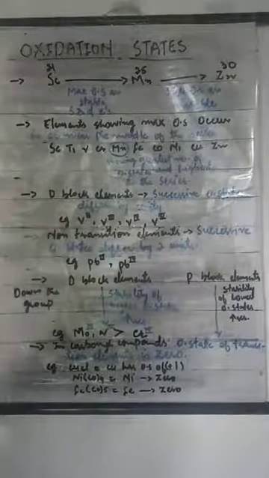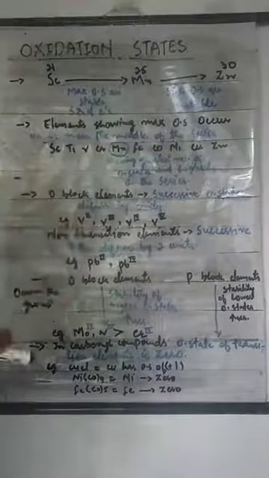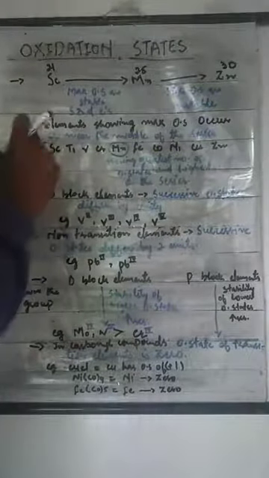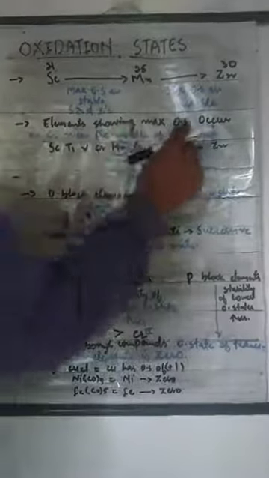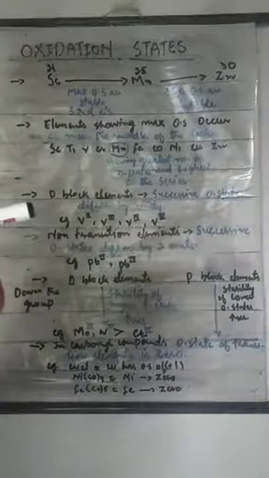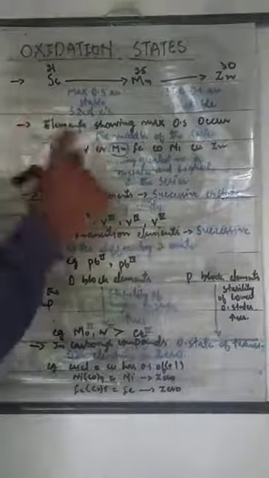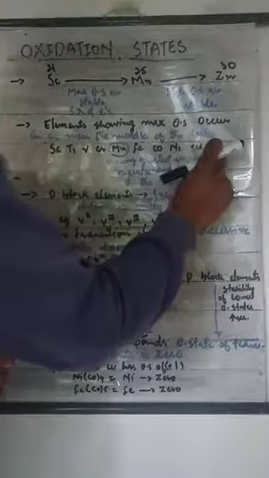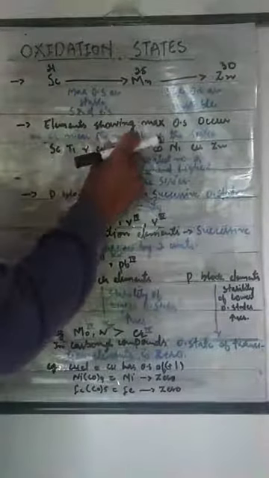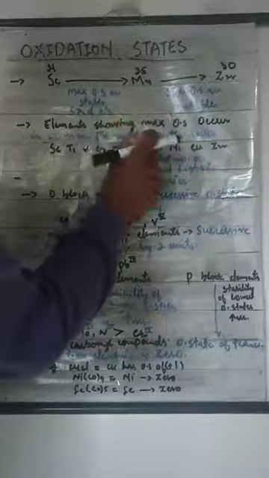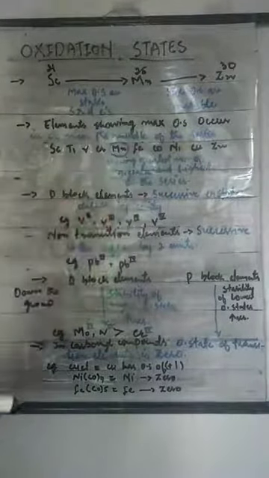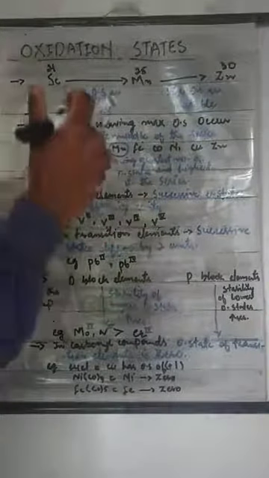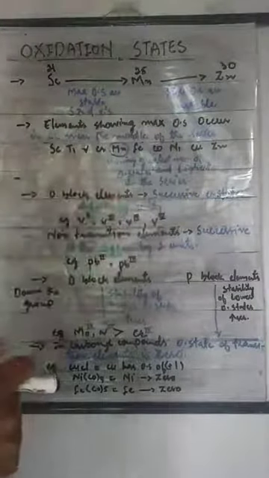The second point is that elements which show maximum oxidation states occur in or near the middle of the series. I have taken an example here that in case of 3D series, the element manganese which is present near the middle of the series is having the greatest number of oxidation states and highest in the series.